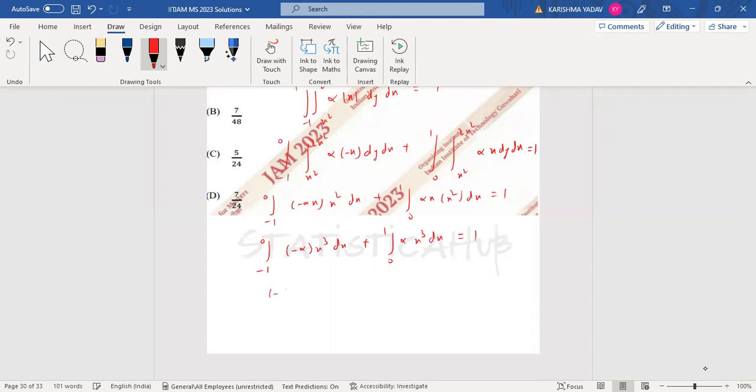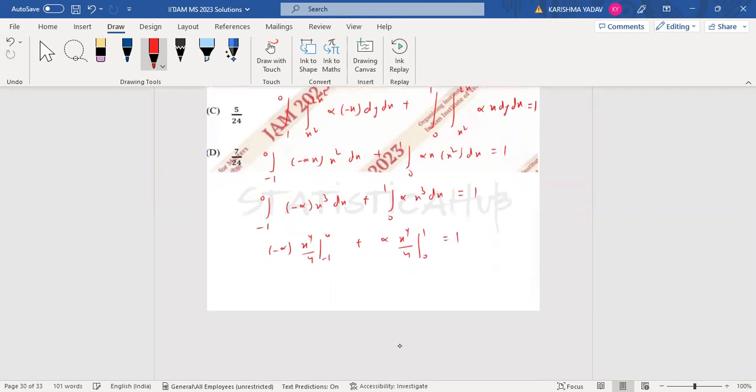So we have minus alpha x to the power 4 by 4 from -1 to 0, plus alpha x to the power 4 by 4 from 0 to 1, equals 1. Let's put the limits, upper limit minus lower limit, that is minus of alpha, this will be -1 by 4, plus alpha 1 by 4 equals 1. So we have alpha 1 by 4, and this will be alpha 1 by 4, minus and minus will be positive.